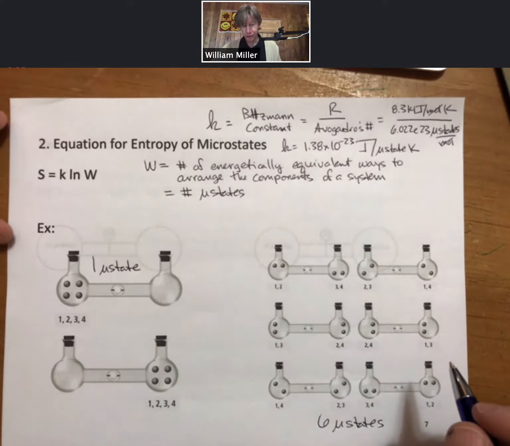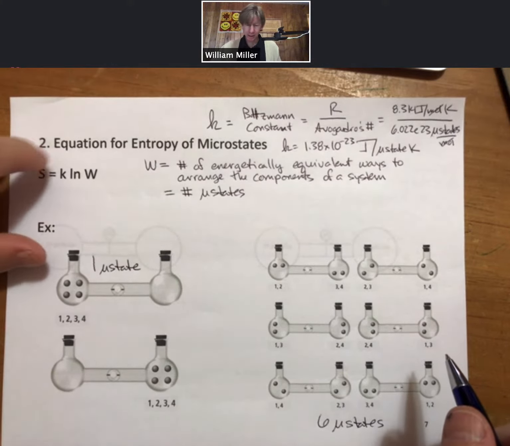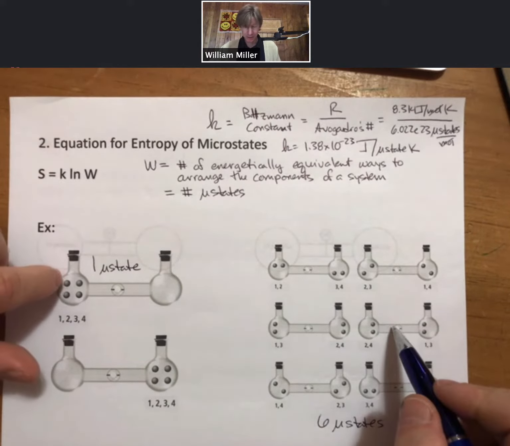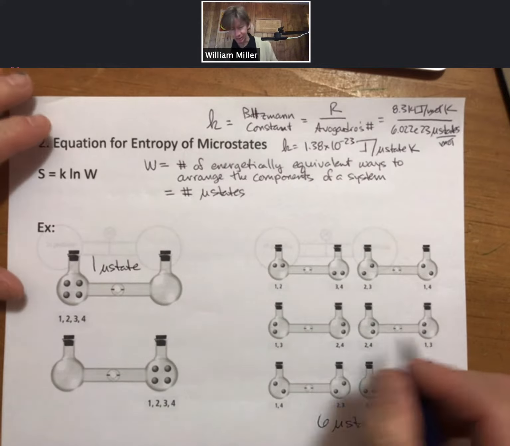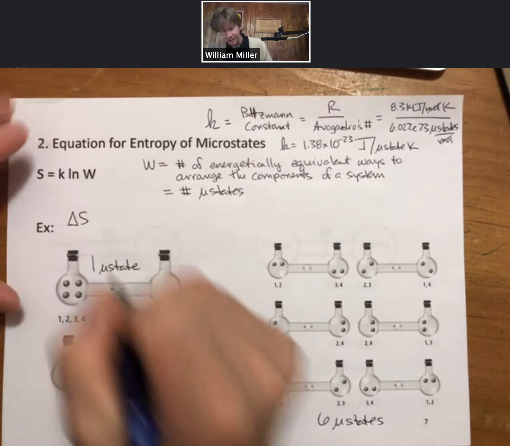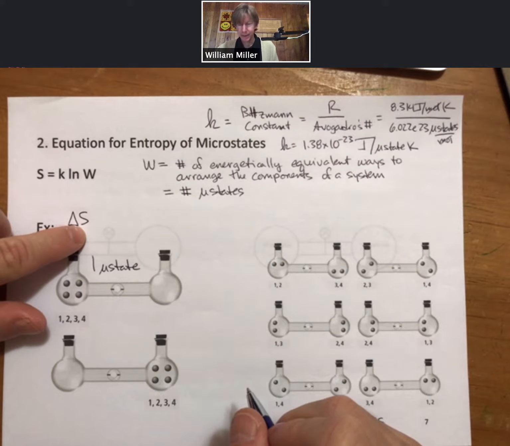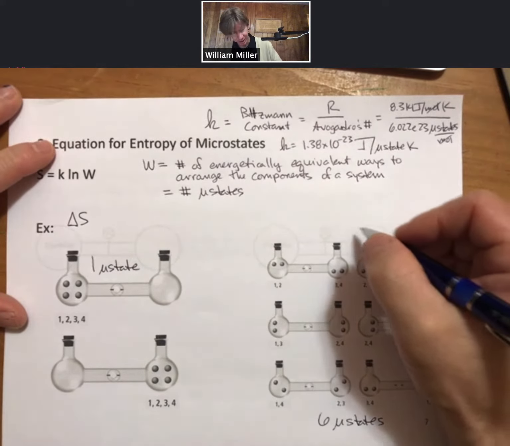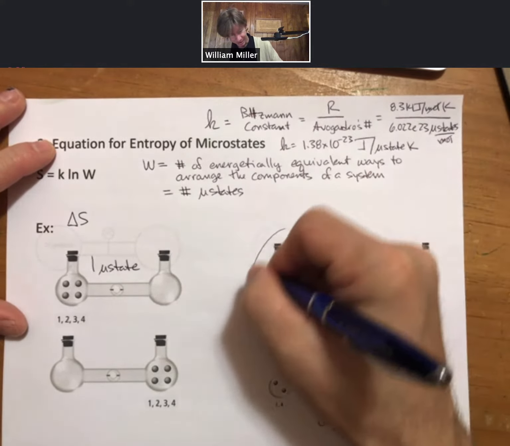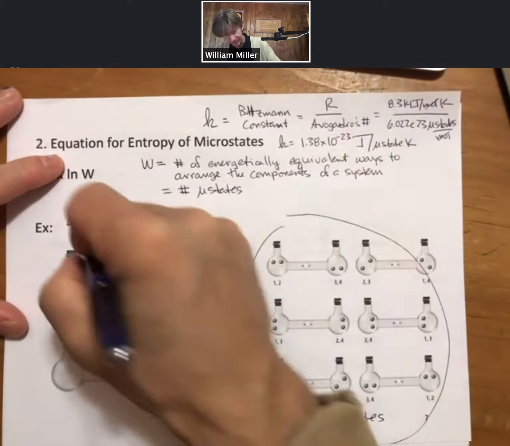We could calculate the entropy of each of these, but typically we're going to be interested in calculating the change in entropy, delta S. We're going to calculate the change in entropy between this state and this one.